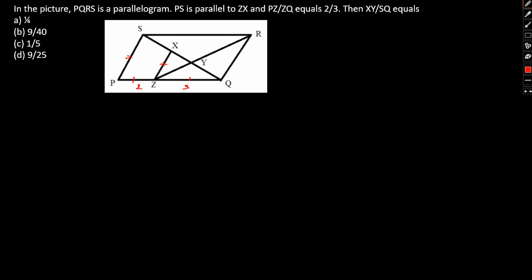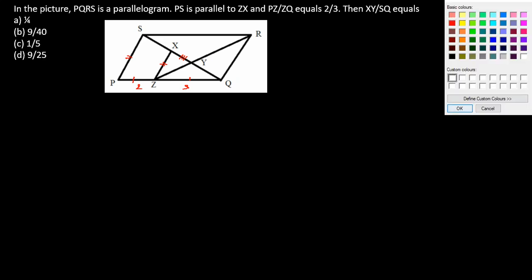Then we need to find XY by SQ, this entire thing SQ. So we need to find the ratio of the same. Now let's take a look at how we can approach this question.